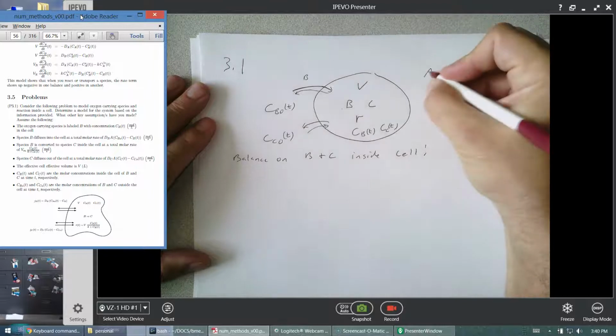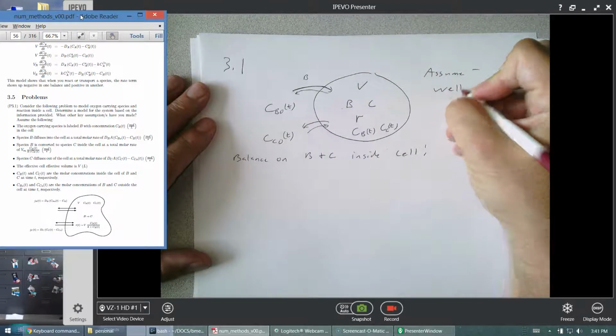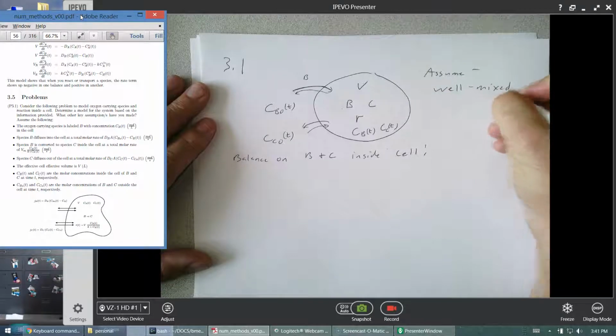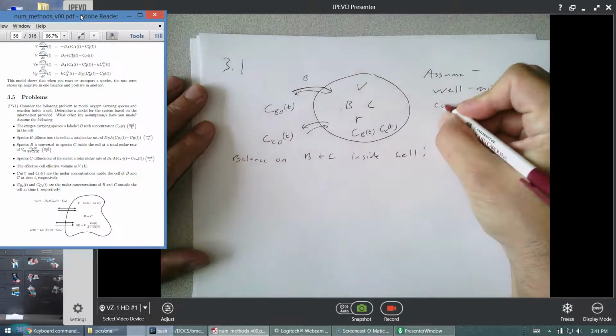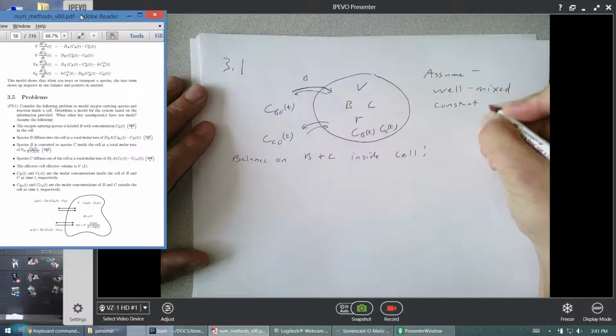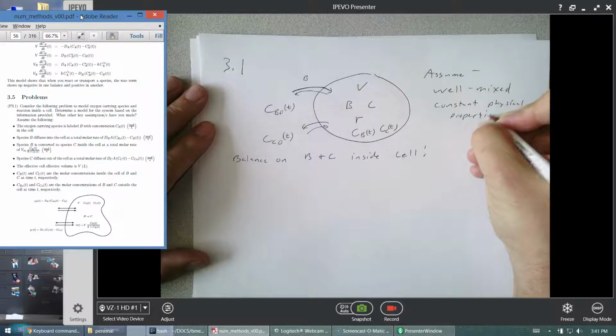We're assuming, the biggest thing we're assuming, well mixed, which is not a very good assumption necessarily for cells, but it's a start. And we're going to say constant physical properties.